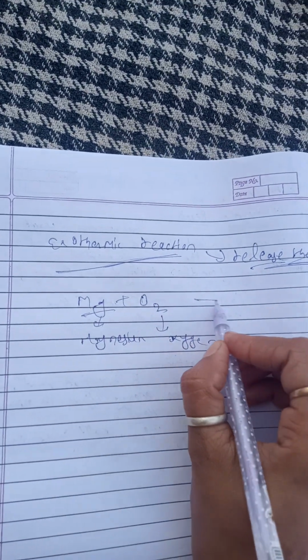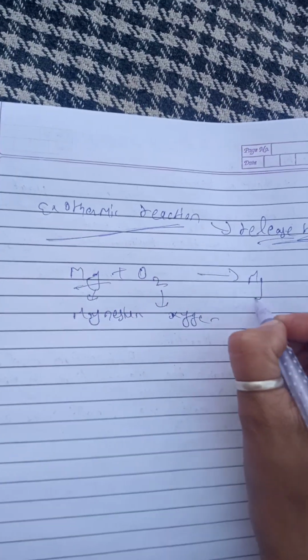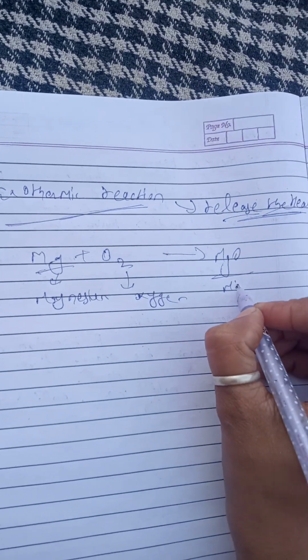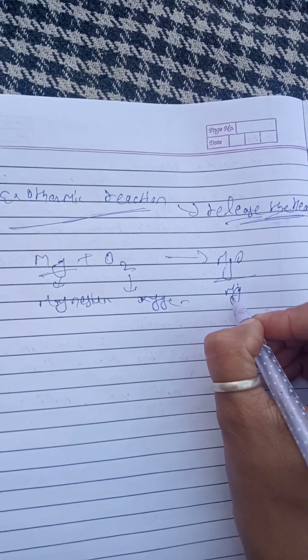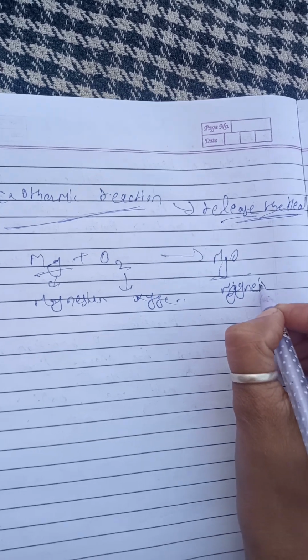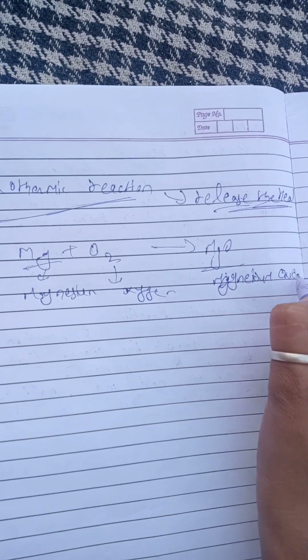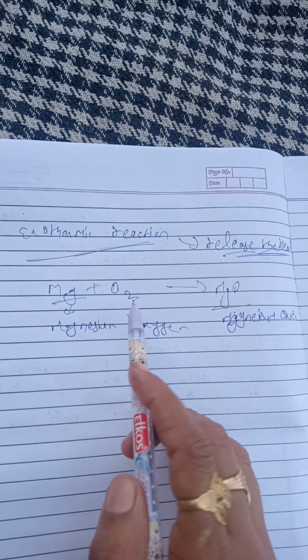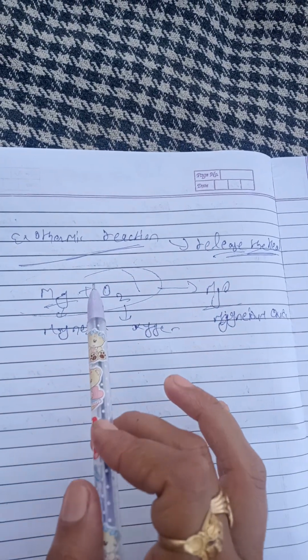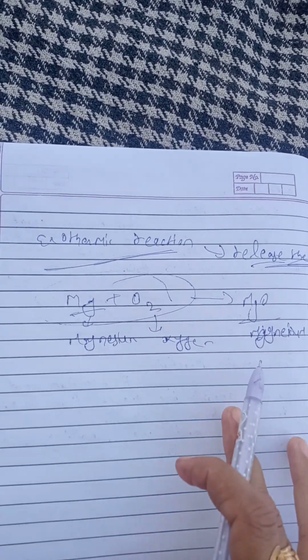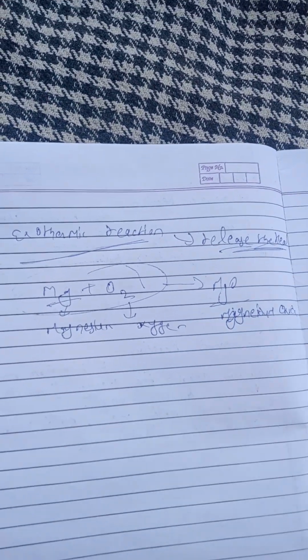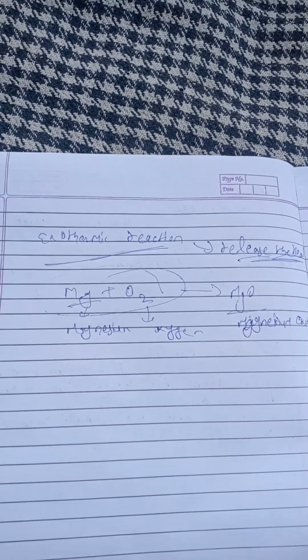When Mg plus O2 react, it gives MgO, magnesium oxide. It means when any two reactants combine, it gives the product and also gives heat.